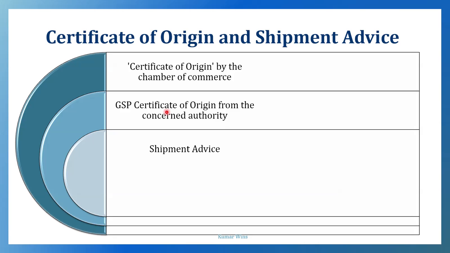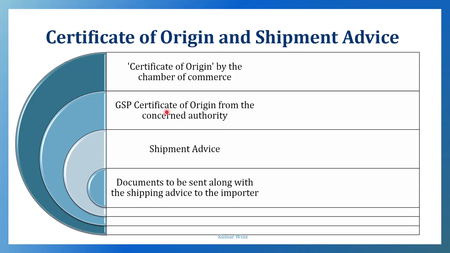Okay, then comes the shipment advice. So what is this shipment advice? This advice is sent to the importer by the exporter, and in fact it's a kind of intimation about the date of shipment of the consignment by a named vessel and its expected time of arrival at the destination port.